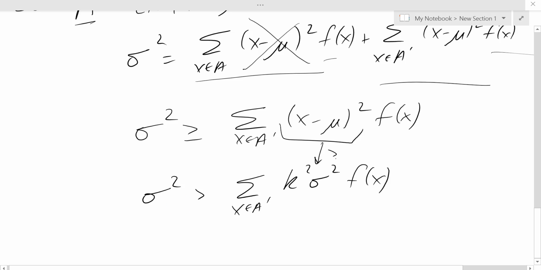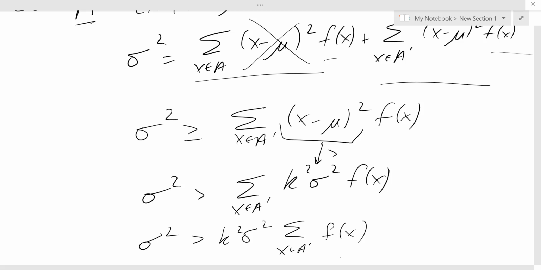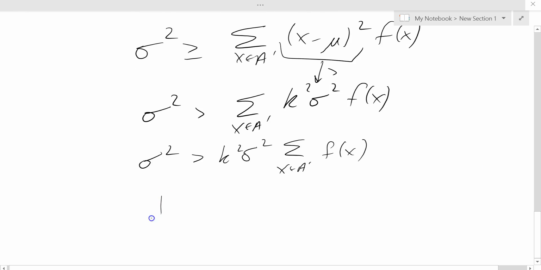I substituted and changed the inequality. Now, why did I want to do that? Well, what can I do with the k squared sigma squared? I can bring it out in front, right? We agree? And then I can divide it to the other side and get 1 over k squared is greater than this.